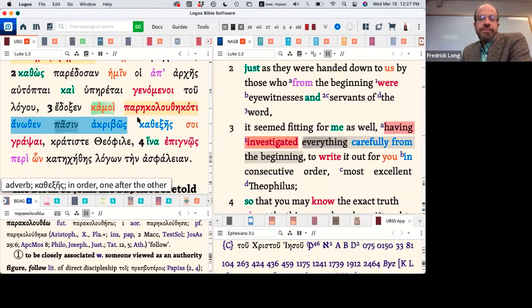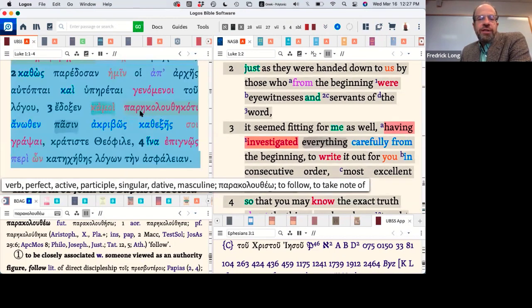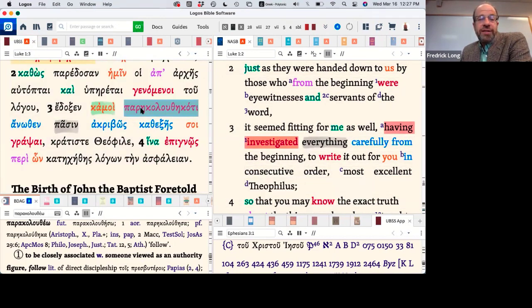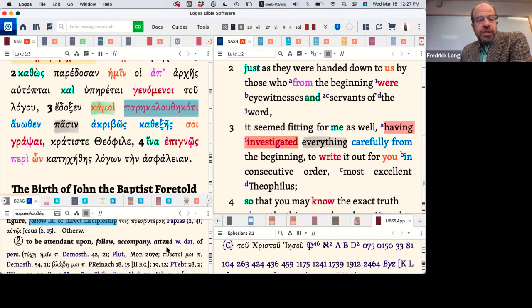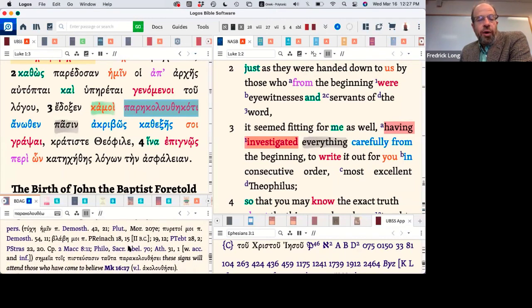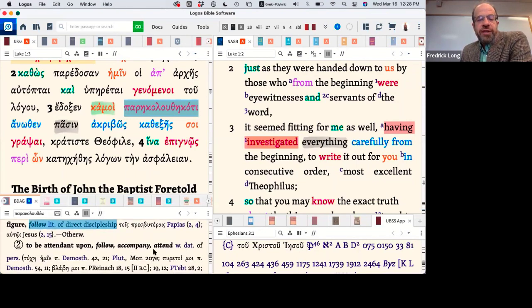And this raises questions for us, like how has this author, whom we presume is Luke, followed up? Does this mean that he was present? Or, in other words, that he followed Jesus from the beginning? Was he one of the disciples? Was he attending? But notice that you follow somebody with the person attended in the dative, a dative of person.